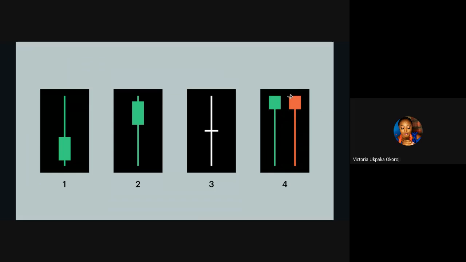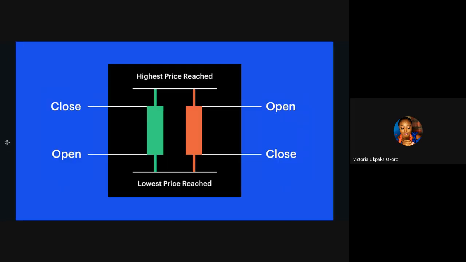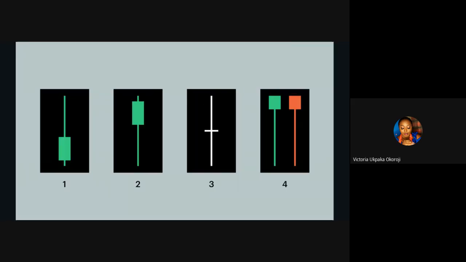It opened, went down, but then closed. So you now watch out for the next candle, the next subsequent event, because this is not an isolated event. It's only trying to tell you what could happen.